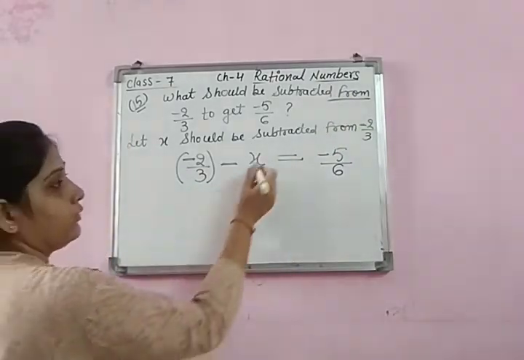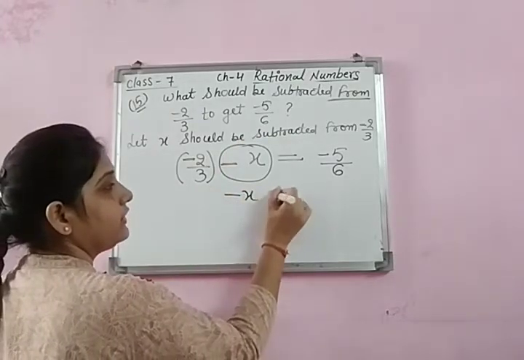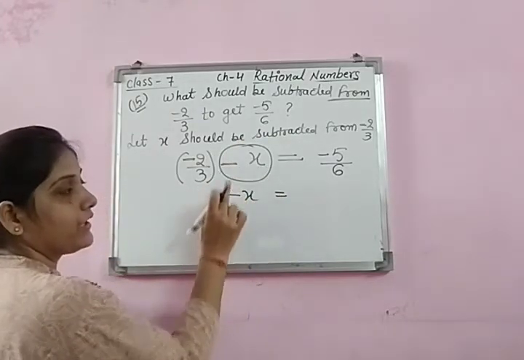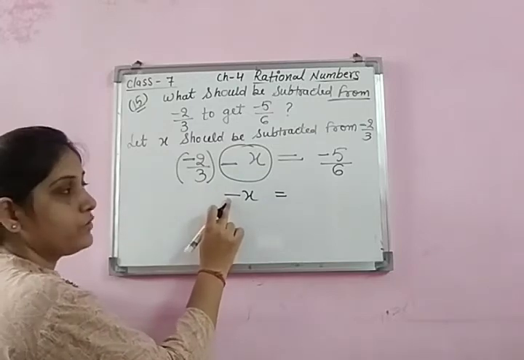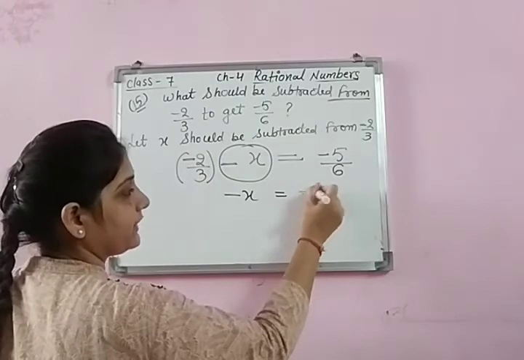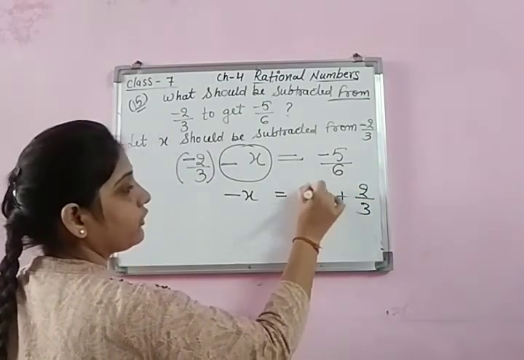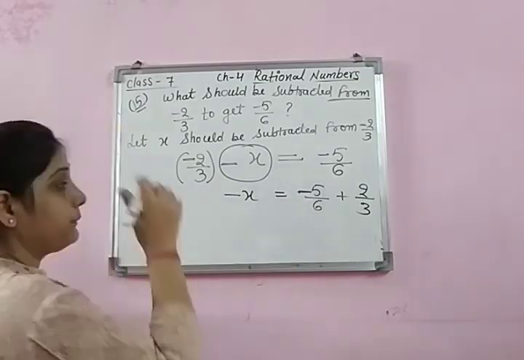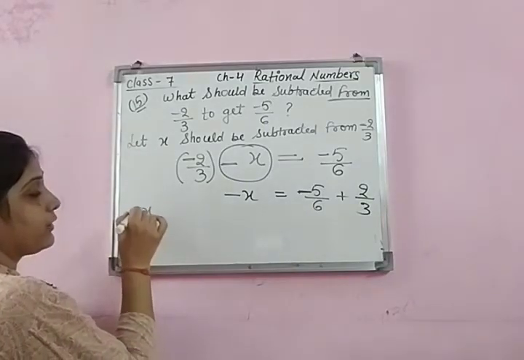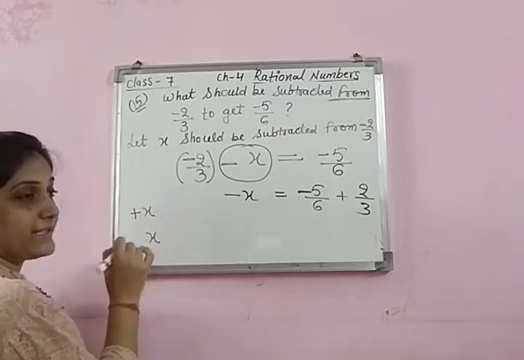Okay, now what I have to do, I have to keep this here only. So when x remains here, it will remain with its sign only, minus x, and this -2/3 will become +2/3. I hope it is clear. So don't leave only x. In the previous question it was x with a positive sign, that is invisible, so we kept it as it is.